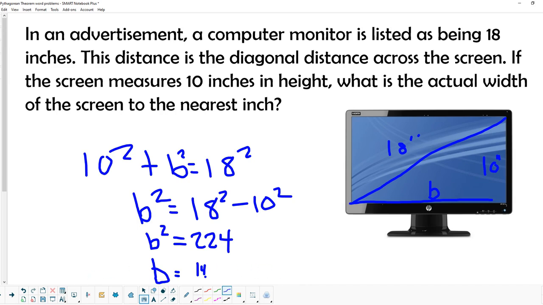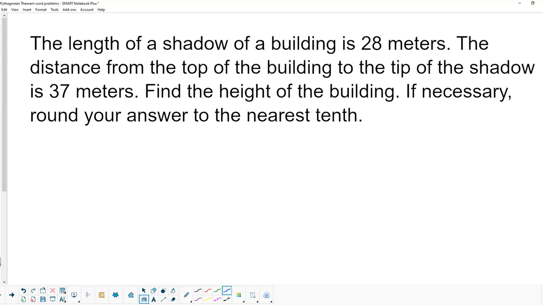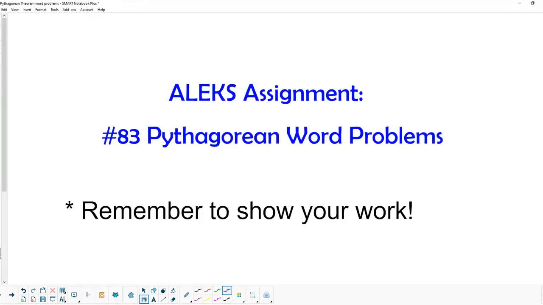All right, so if b equals 14, that's our answer, right? Okay, let's see how many more problems. We got one more. We can do it.